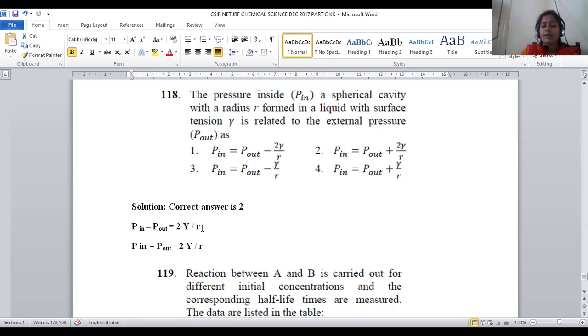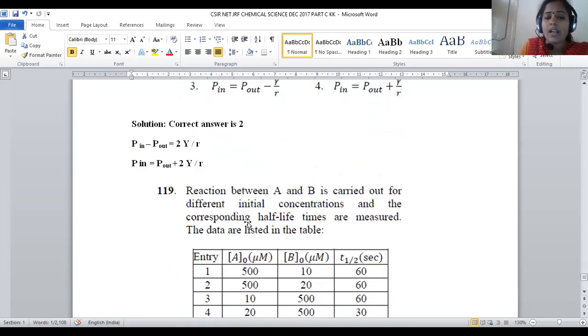Now the formula becomes P inside is equal to P outside plus 2 gamma by R. Option number 2 is the correct answer for question number 118.